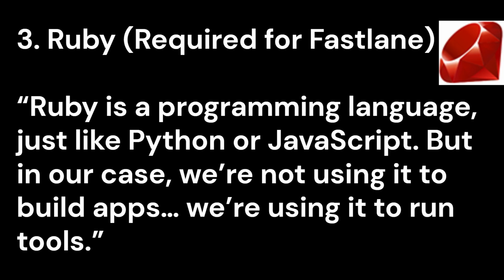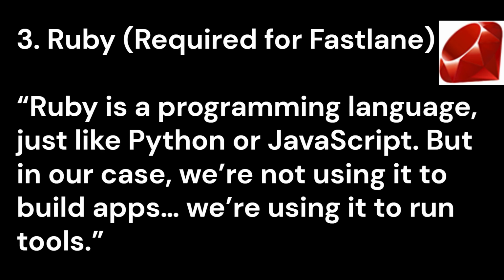Before we install Fastlane, you need to understand one thing: Ruby. Ruby is a programming language, just like Python or JavaScript. But in our case, we're not using it to build apps, we're using it to run tools. Why Ruby is needed here? Fastlane, the tool we're using to upload apps to Google Play, is actually written in Ruby.